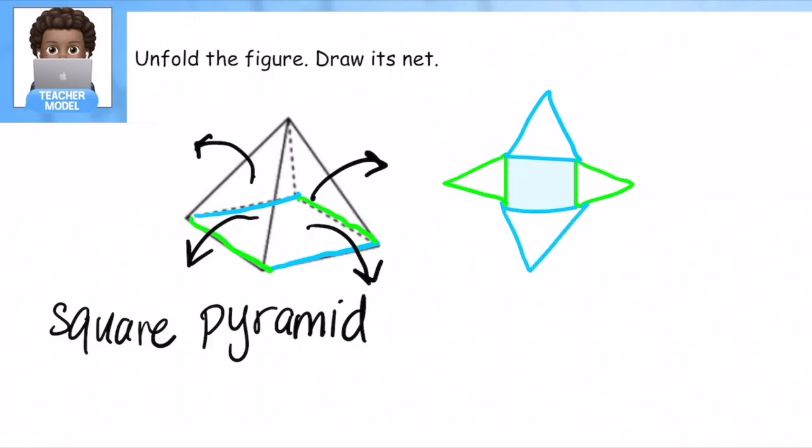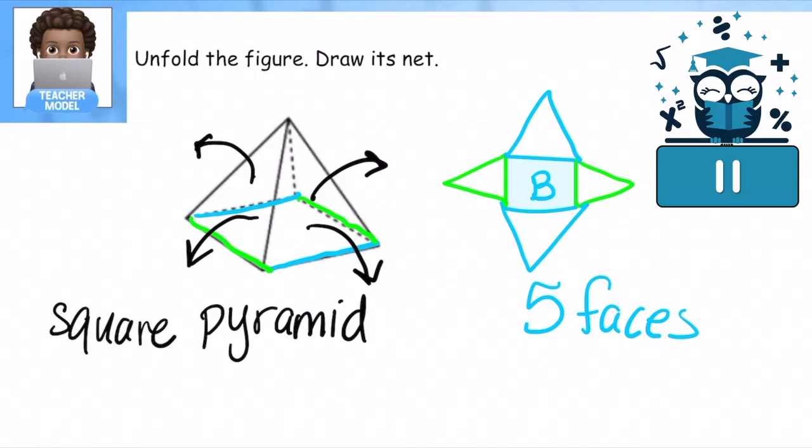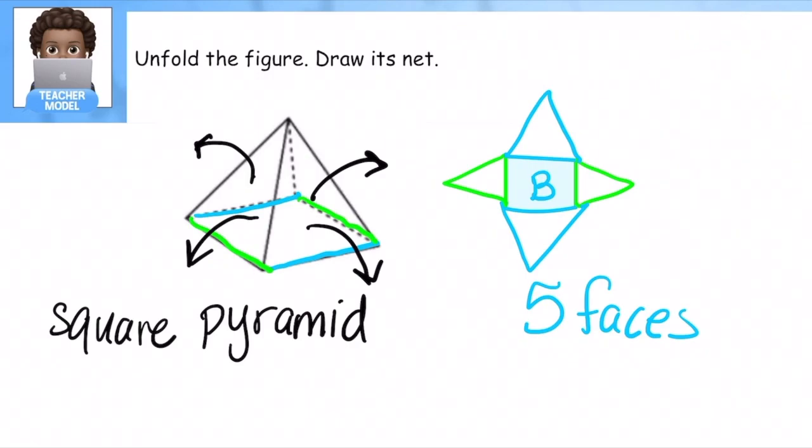And so this figure, once I actually create a net, I can see all 5 faces. The square base at the bottom and the 4 triangles around the rest of the pyramid. Hit pause and jot this down. And believe me, it does not have to be a perfect drawing, but it is helpful for us to see all the faces.